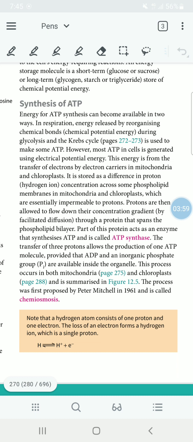Protons are then allowed to flow down their concentration gradient by facilitated diffusion. Facilitated means it cannot go through the membrane directly, but there has to be some molecule to facilitate it, a protein that spans the phospholipid bilayer. So it goes through the entire bilayer.